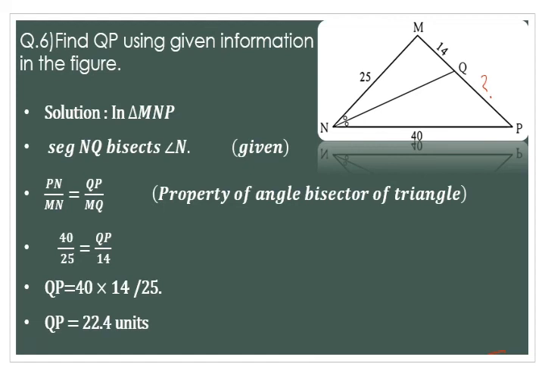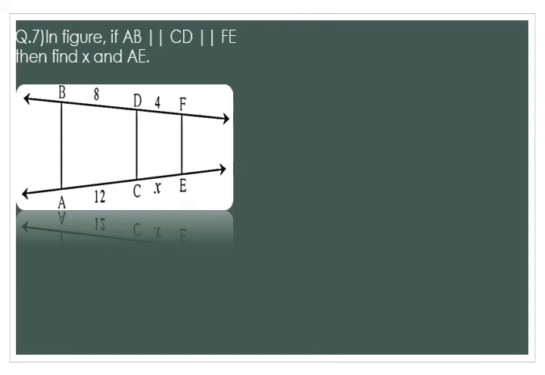So the next question, question number 7: In the figure, if AB is parallel to CD and CD is parallel to FE, then find the value of X and the value of AE. In the solution we write AB is parallel to CD and CD is parallel to FE, as given.